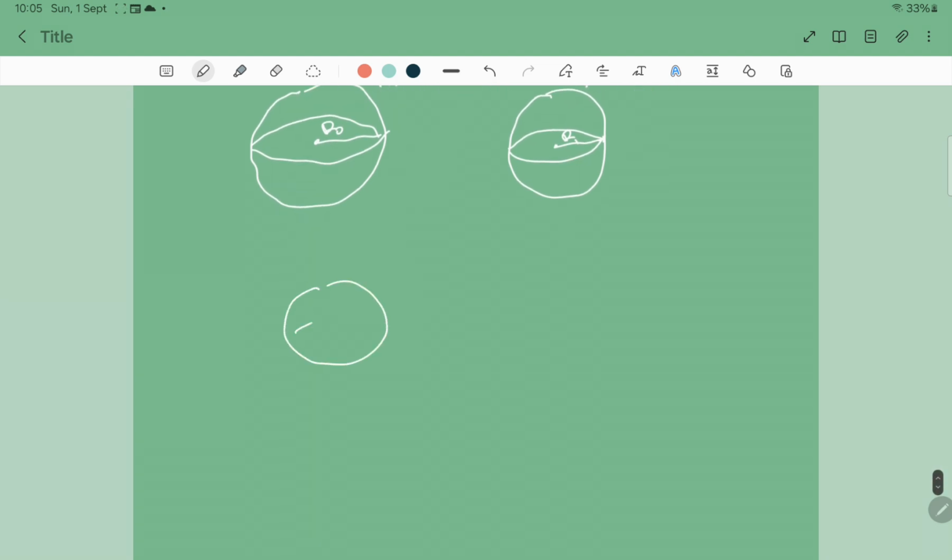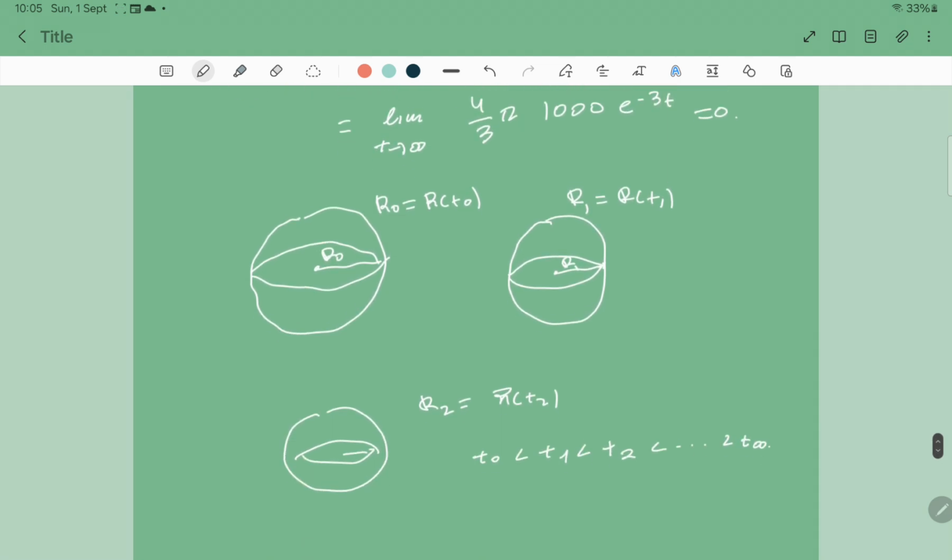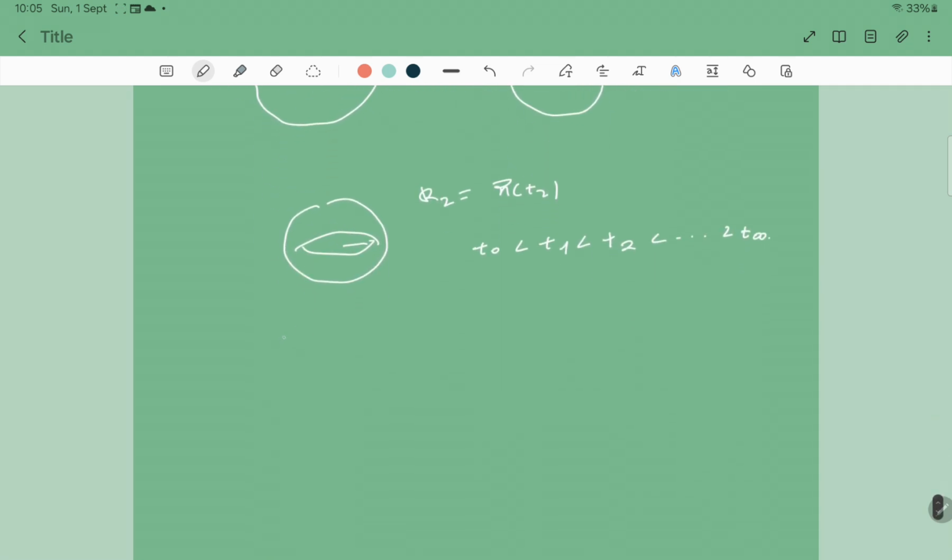Then the radius becomes even smaller, r2 is r(t2), and of course t0 is less than t1, less than t2, less than t infinity. So you have a shrinking ball as t goes to infinity, as t increases.